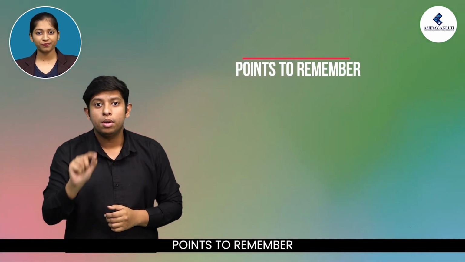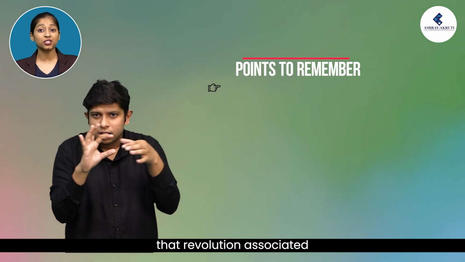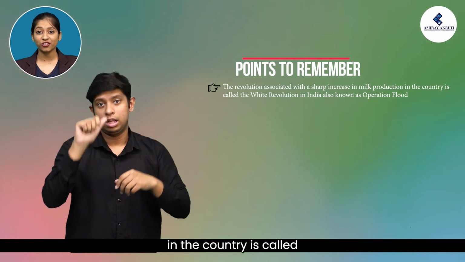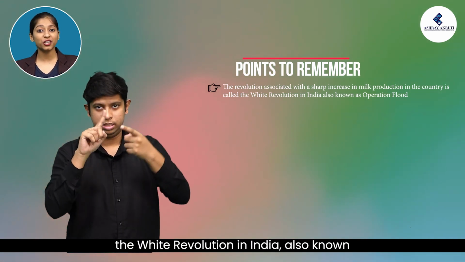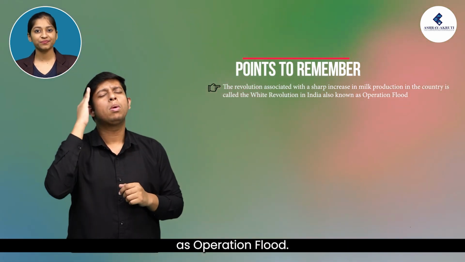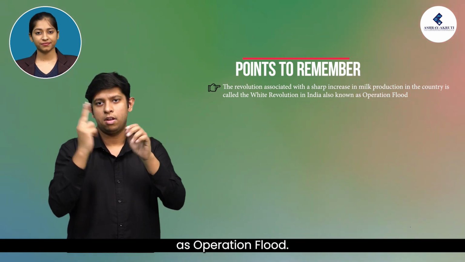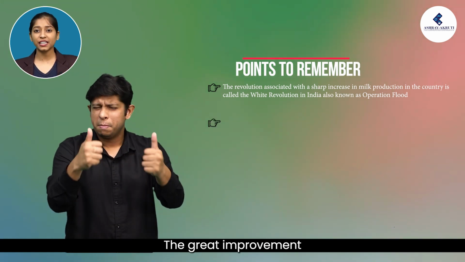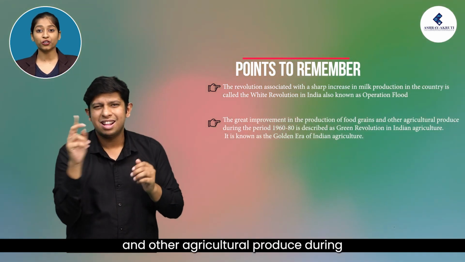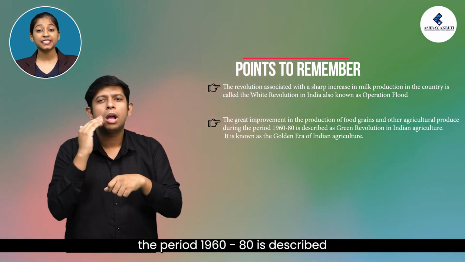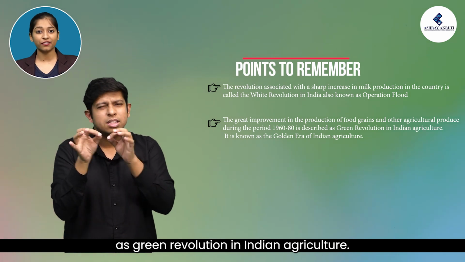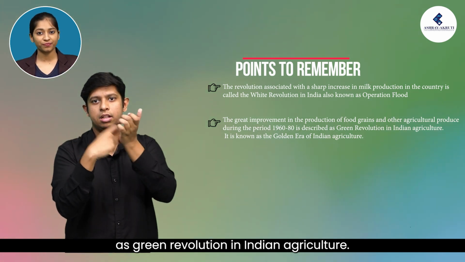Points to remember. The revolution associated with a sharp increase in milk production in the country is called the White Revolution in India, also known as Operation Flood. The great improvement in the production of food grains and other agricultural produce during the period 1960 to 80 is described as the Green Revolution in Indian agriculture.